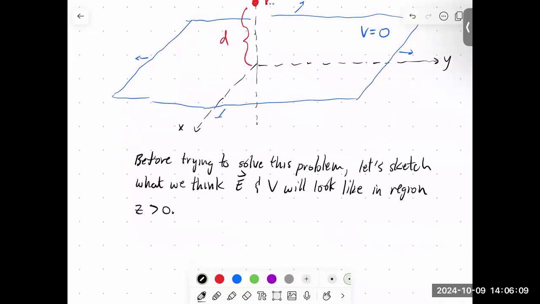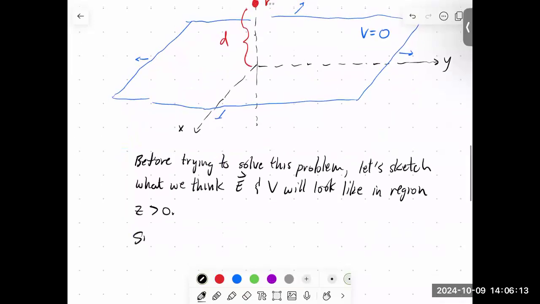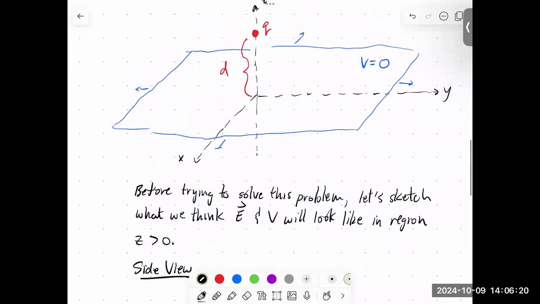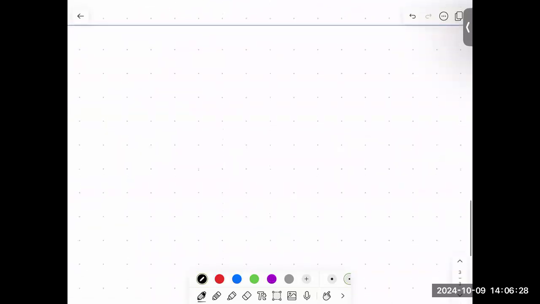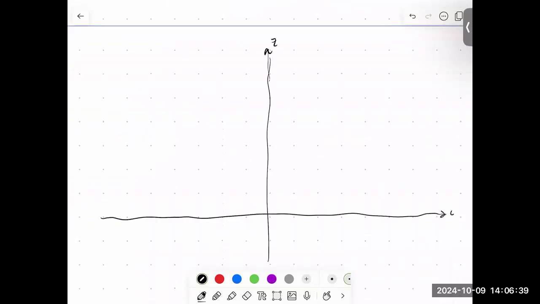I can't draw in 3D very well, so I'm going to take a side view of this, looking from this edge, maybe along the x-axis. I'll start my side view over here. I'll have my z-axis sit here, and here's my y-axis, like so.